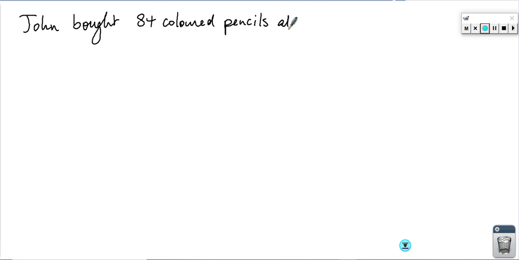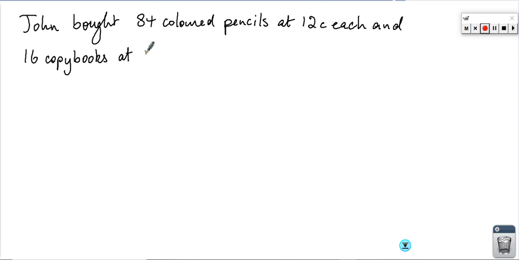Let's see another problem. For example, John bought 84 colored pencils at 12 cents each, and 16 copybooks at 12 cents each. Find his total cost.